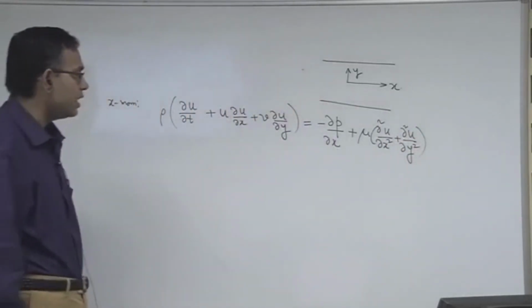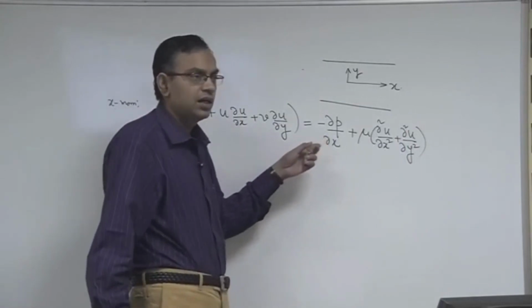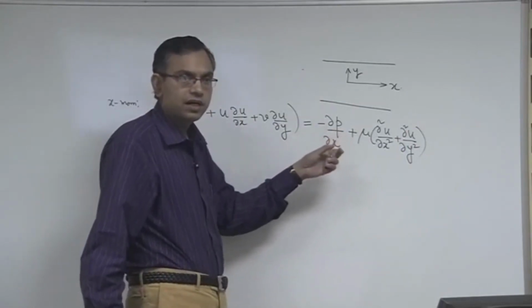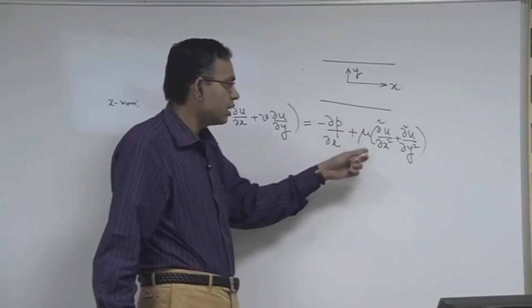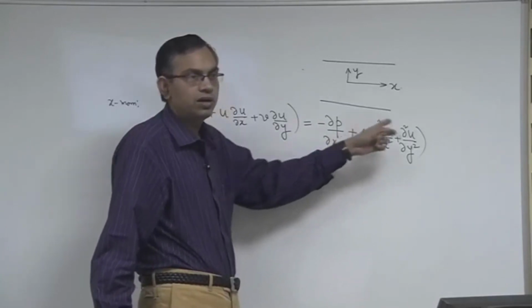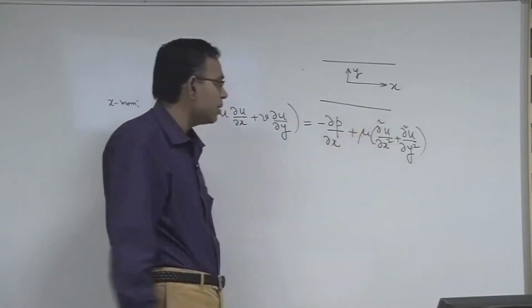I am not repeating again that we are making an assumption that the flow is incompressible, so that the additional source term due to the compressibility effect is not appearing here.